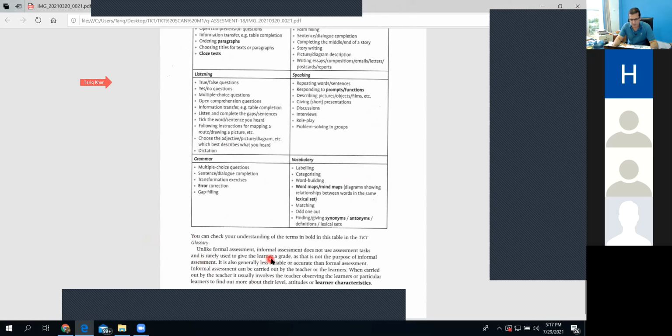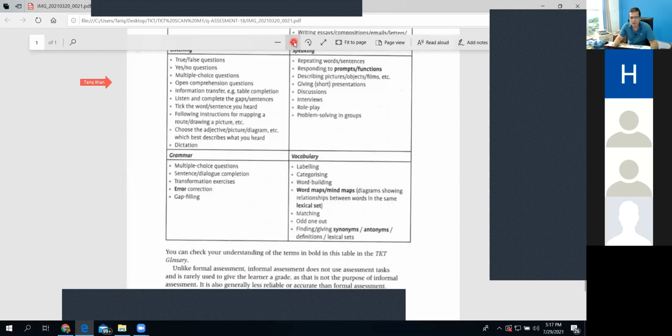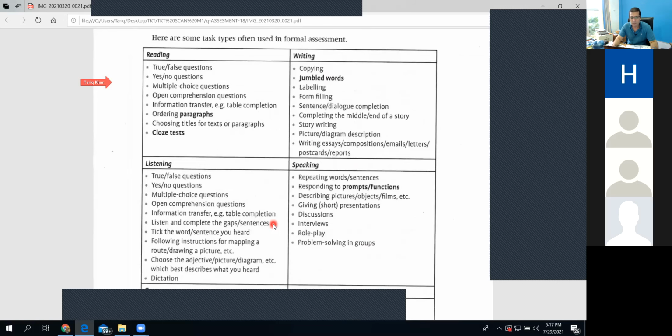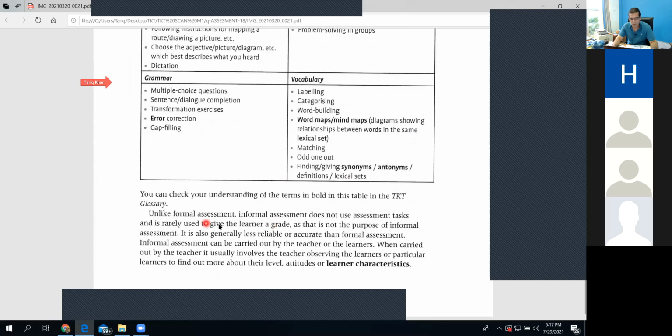Unlike formal assessment, okay, now here we talk about, let me make it a little bit larger. Unlike formal assessment, informal assessment does not use assessment tasks and is rarely used to give the learners a grade, as it is not the purpose of informal assessment.